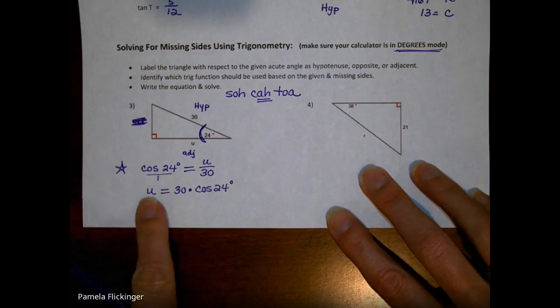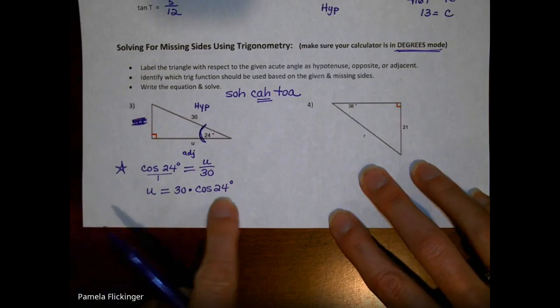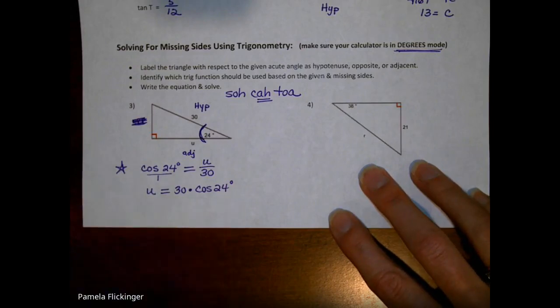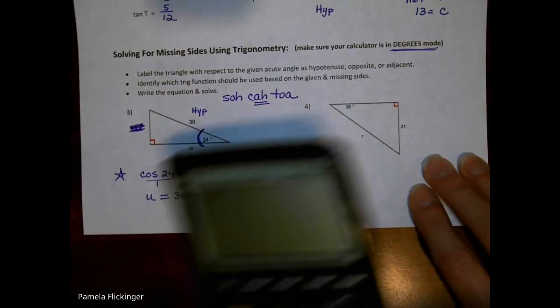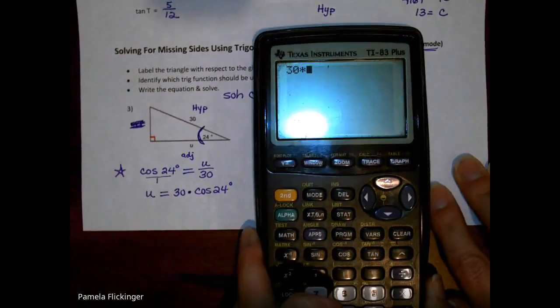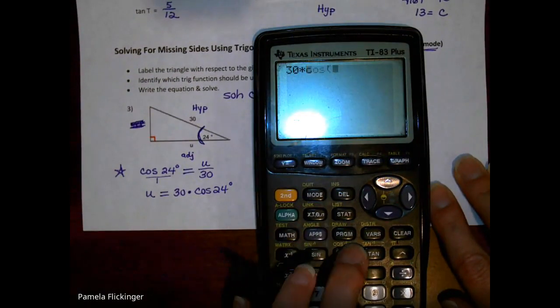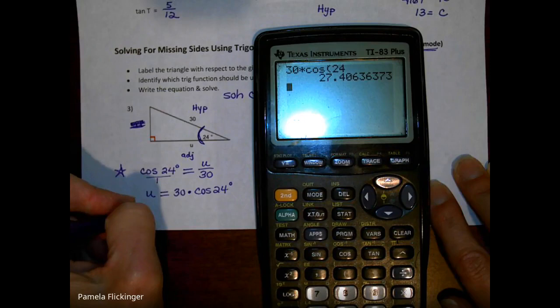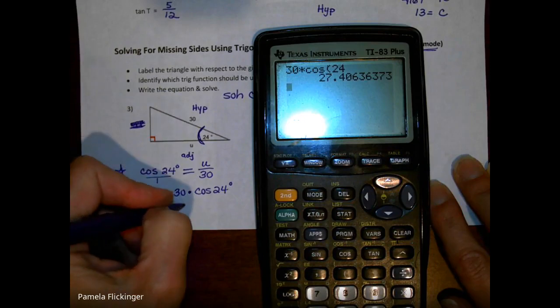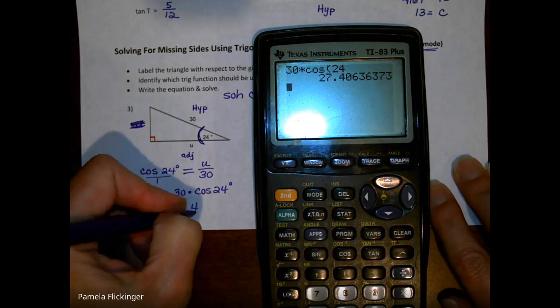I'm trying to solve for U, so I'm just going to punch that into the calculator. So now all I type in is 30 times, you hit the cosine button. I'll show you right here. So 30 times, and then I hit cosine 24 equals. So U is going to equal 27, and we'll just go to the tenths place, 27.4.